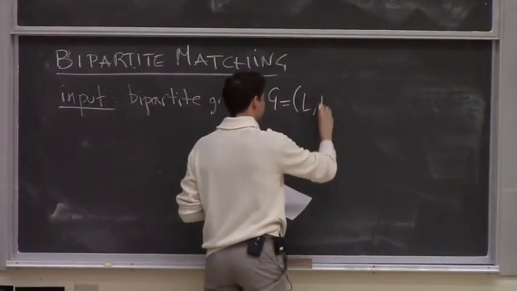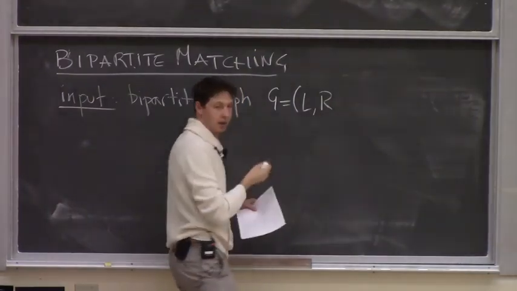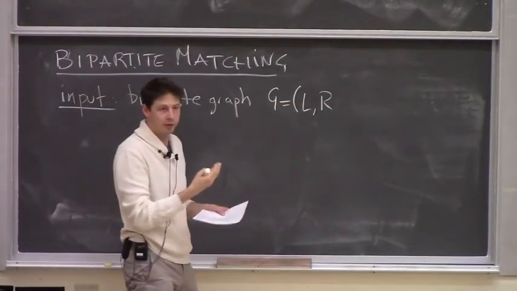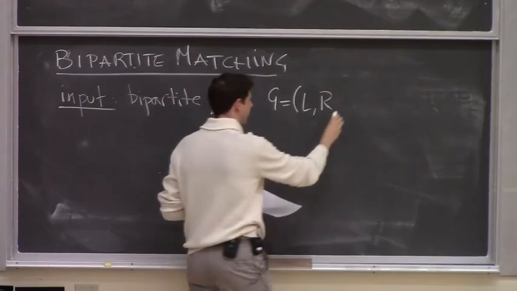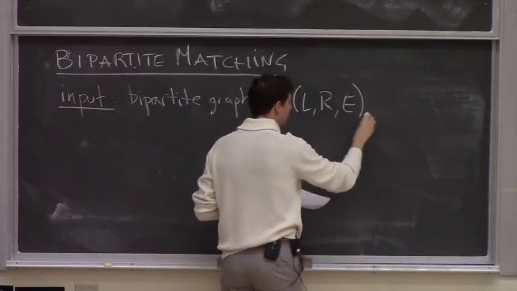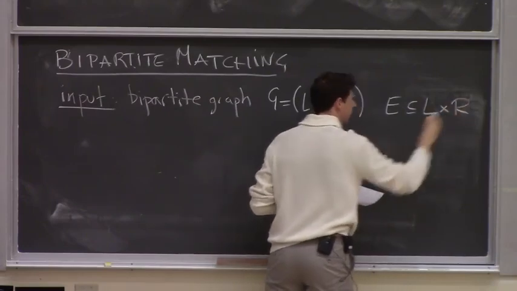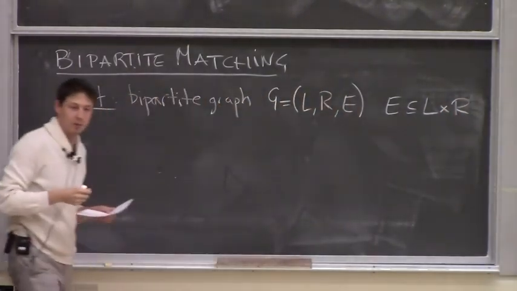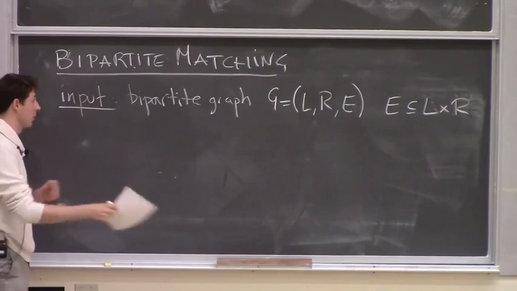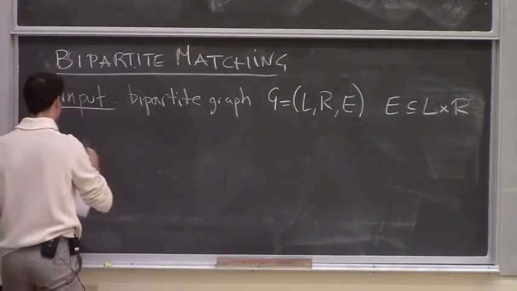So here they are. Every vertex is either on the left or on the right, okay? And then you have an edge set that connects them. It only connects a left to a right, but not 2 left vertices or 2 right vertices. So that's your input, okay?